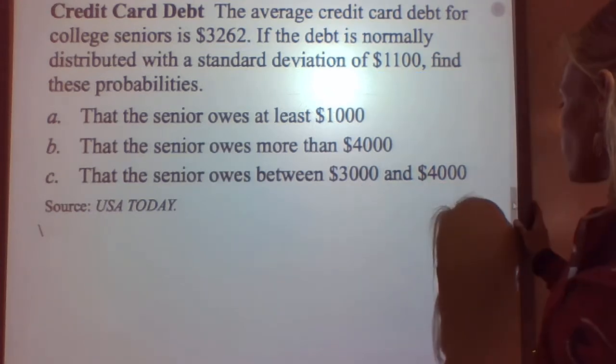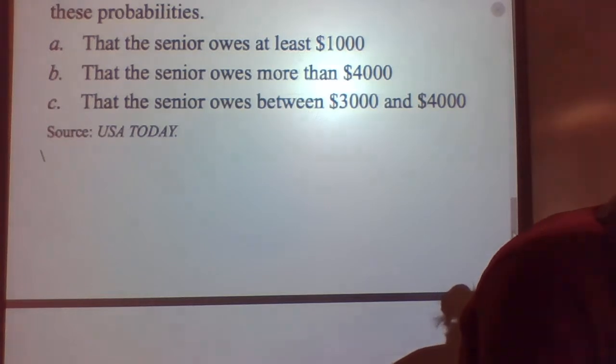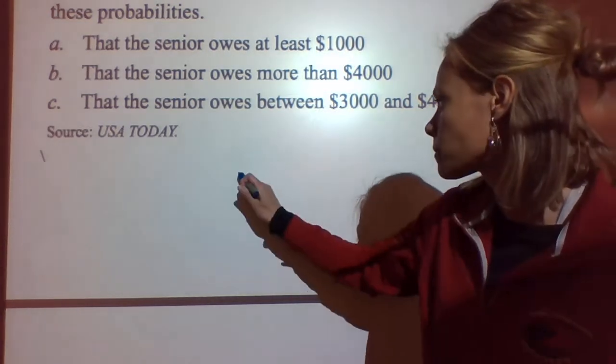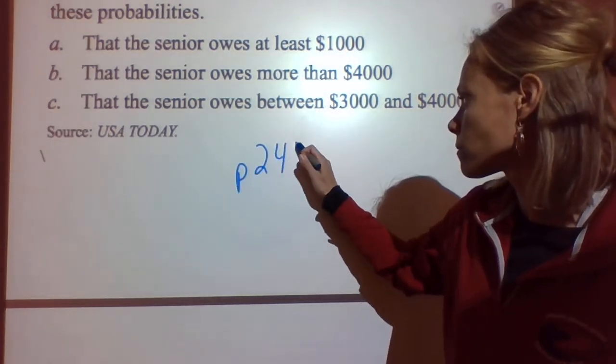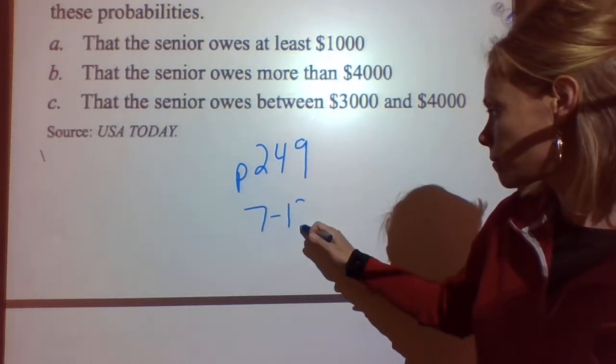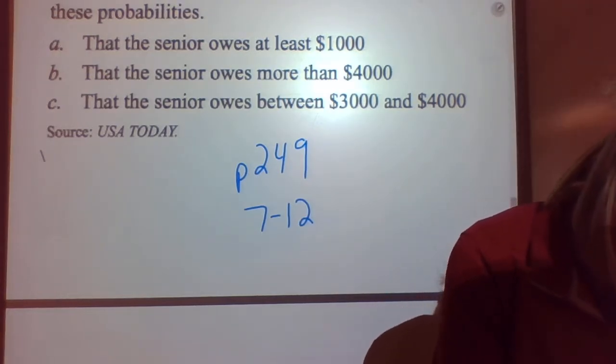Okay, so your homework for this section, for 5-2, is on page 249. And it's 7 through 12. Okay. Remember the odds are in the back, so you can check those.